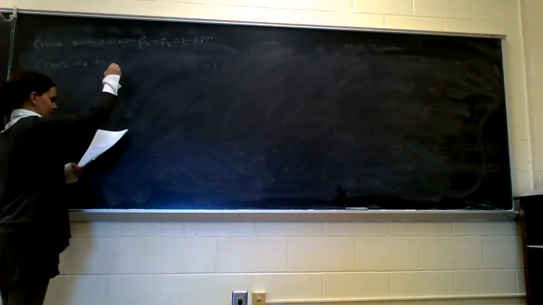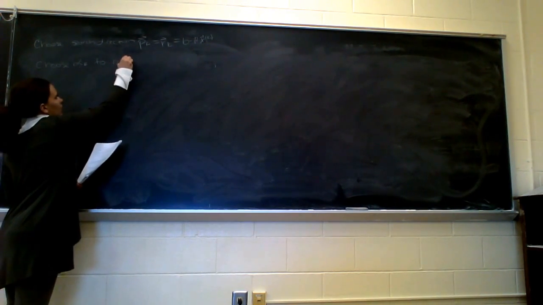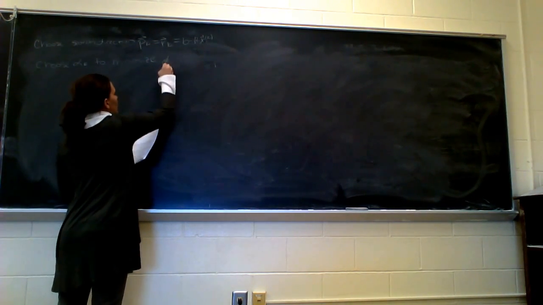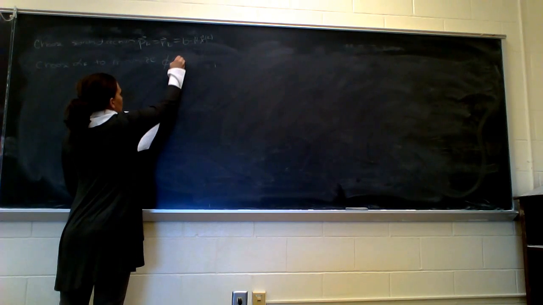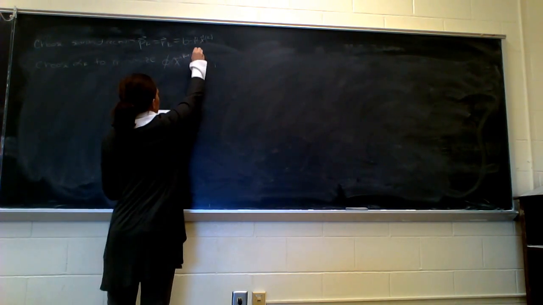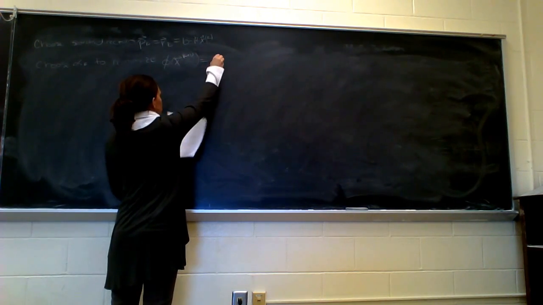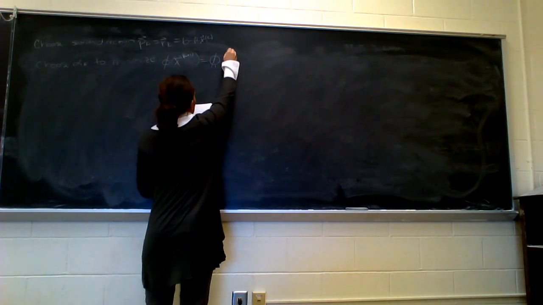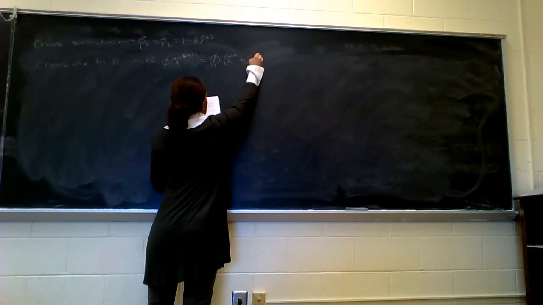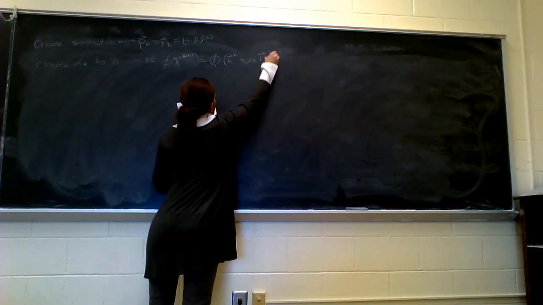Now we're going to choose alpha to minimize phi of x k plus 1, which of course is equal to phi of x k plus alpha k r k.